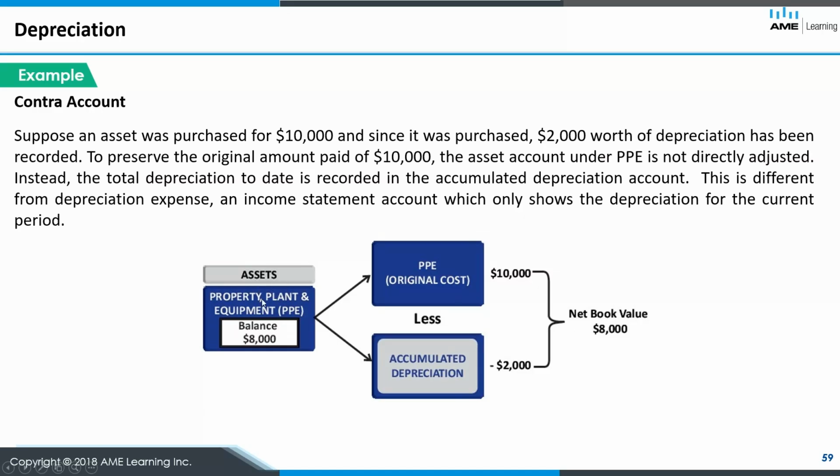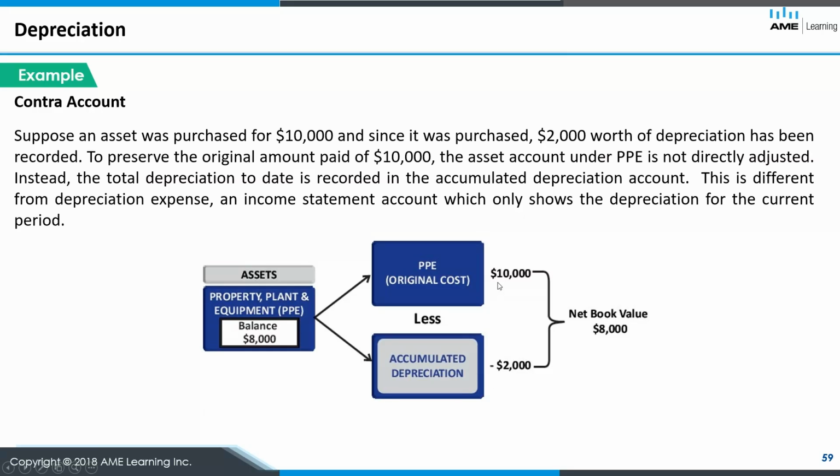So on our balance sheet, at this point in time, the net value of our plant, property, equipment is 8,000, which represents the original cost paid less however much depreciation we have accumulated to that point. And in this instance, it's $2,000.